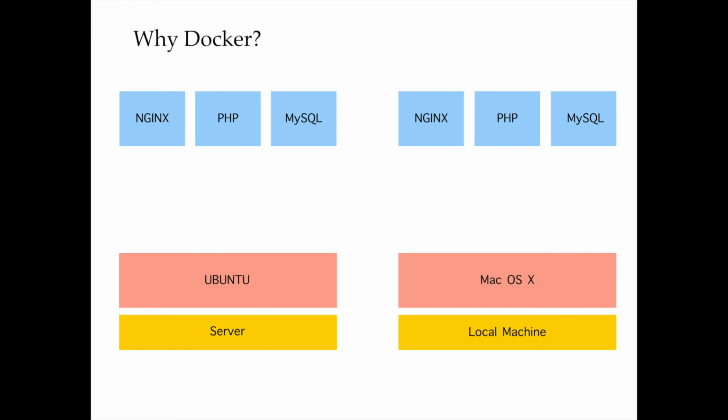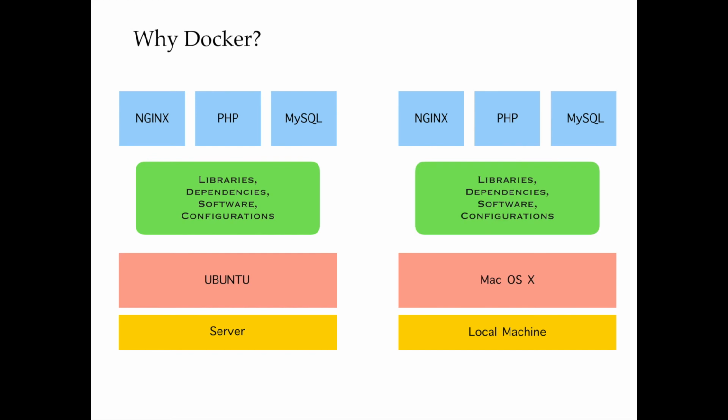Now, sometimes these applications, even if I have the same operating system, may not work the same way. Different versions of the operating system might have a different impact on the software or the application that you're trying to run. Now, let's assume we had the exact same operating system, and the exact same version, on my local machine and on the server. We still have issues because of the various dependent libraries, software, and configurations that both our applications would require.